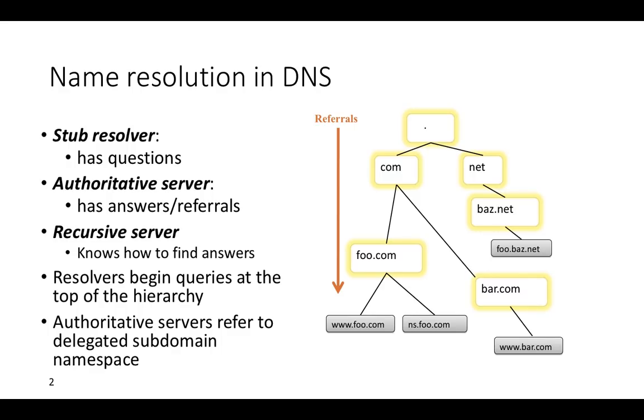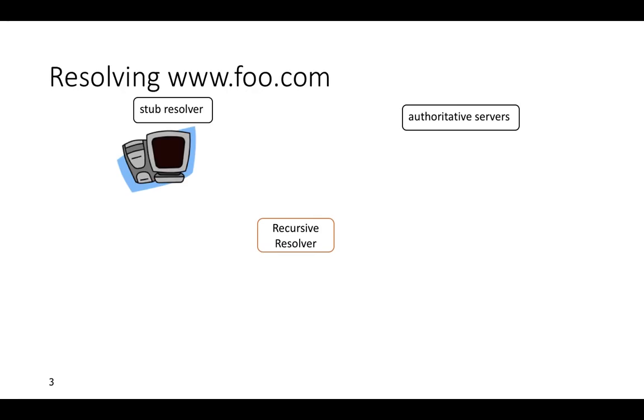Now let's look at this a little bit more systematically. We have our three roles that I just mentioned: a stub resolver, so that's like your computer; and a recursive resolver. If you bring your laptop on BYU campus, you will automatically be assigned by default to use BYU's recursive resolver. We sometimes refer to that as simply a DNS server, but in terms of roles of the DNS, it's more than that.